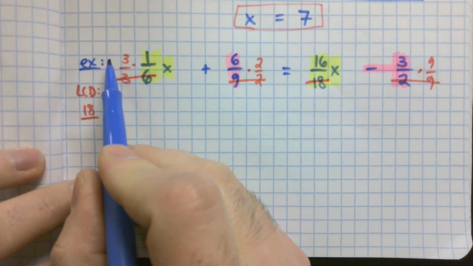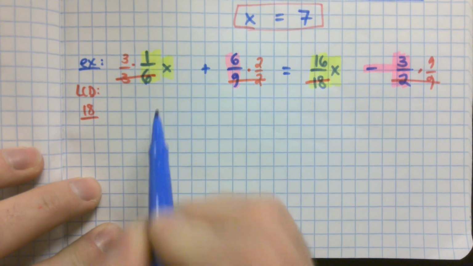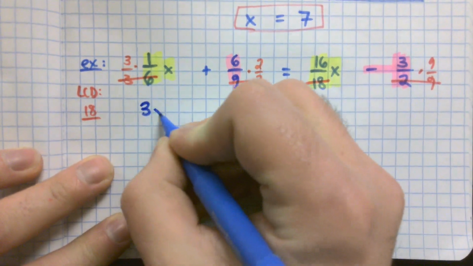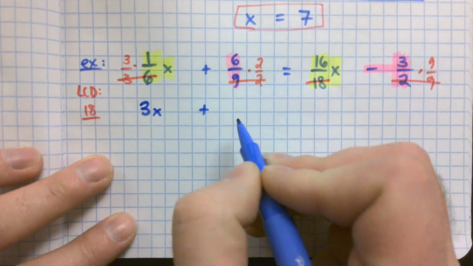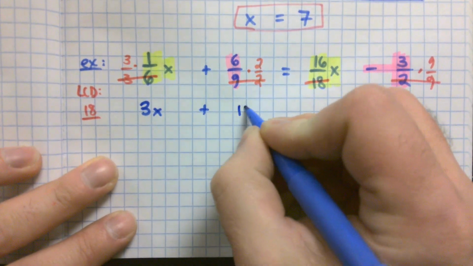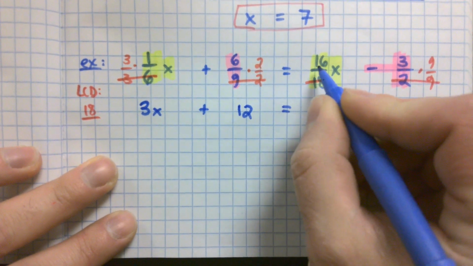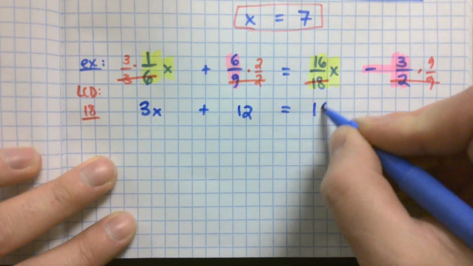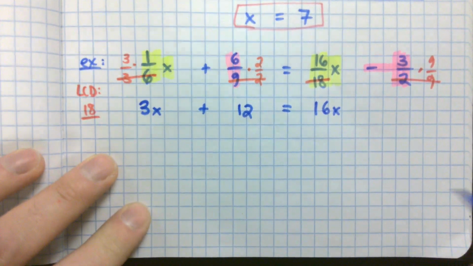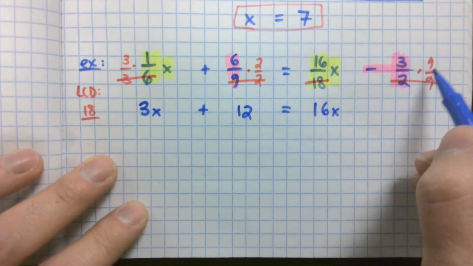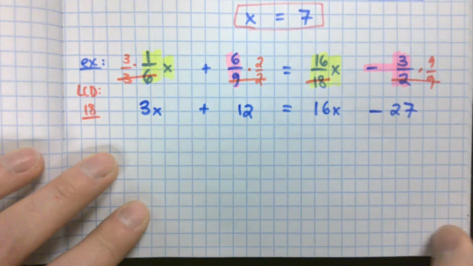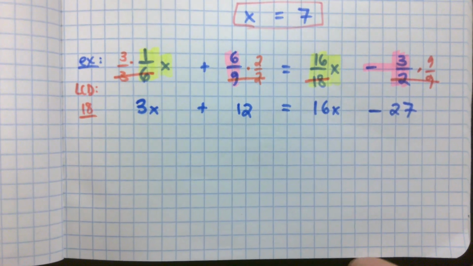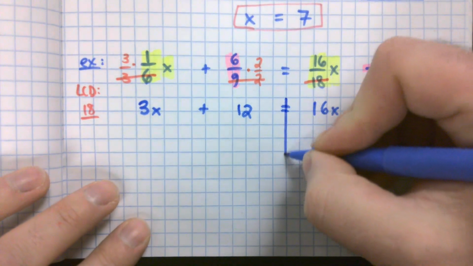Now we just have to focus on multiplying across the top. What's 3 times 1x going to be? 3x. Thank you. What's 6 times 2 going to be? 12. 16x is just 16x. And what's negative 3 times 9? 27. Negative 27. Now we're ready to split it up and solve it out.